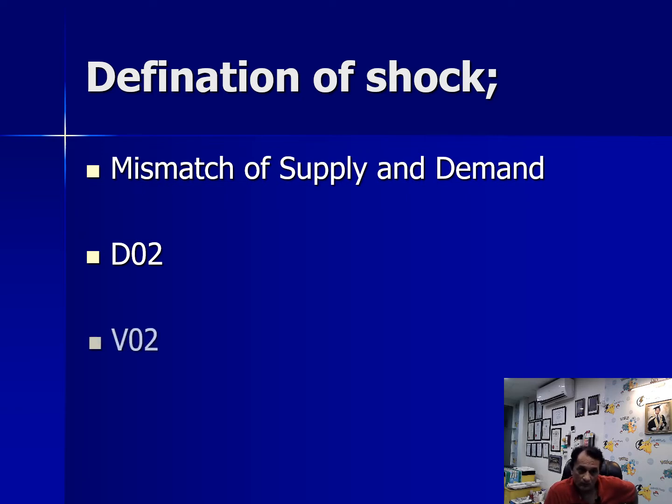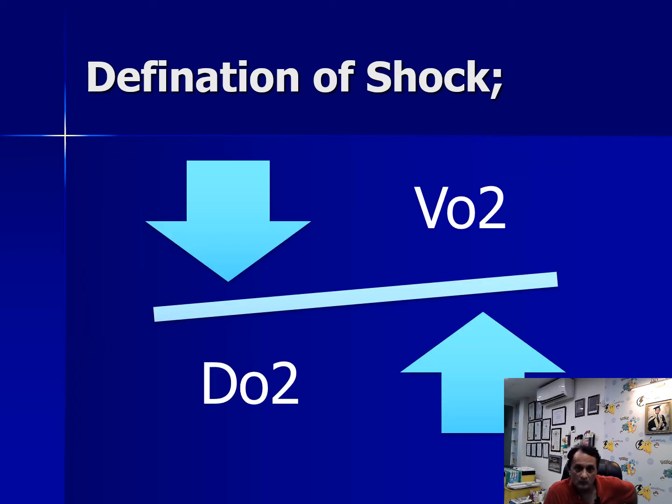VO2 is the oxygen consumption by the tissue. Any mismatch between these two, we call shock.